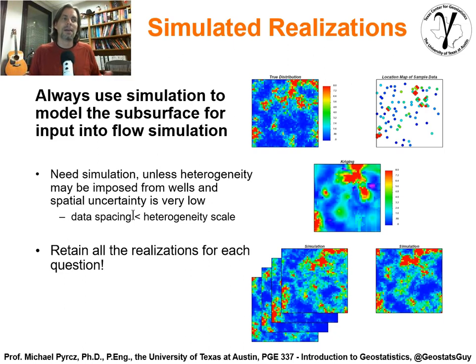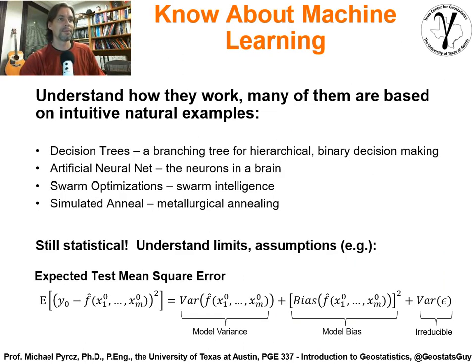In that case, the data may impose the heterogeneity sufficiently, and there are reservoirs around the world with dense data that just use spatial estimation and they're fine. Now remember, if you create multiple realizations and scenarios, use each one of the models for every one of your questions. Retain the models, use them all for every single question.